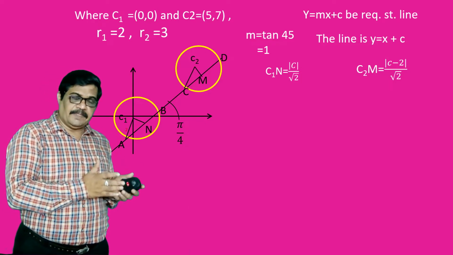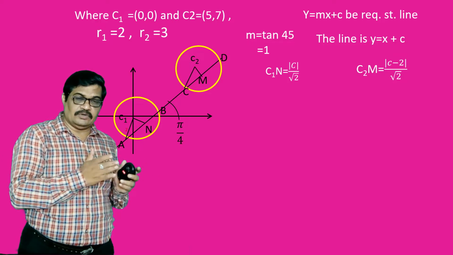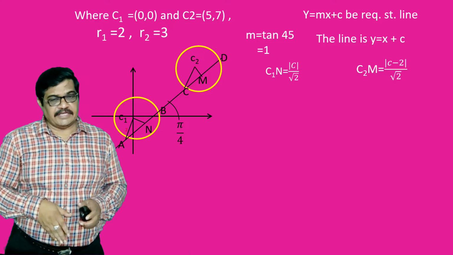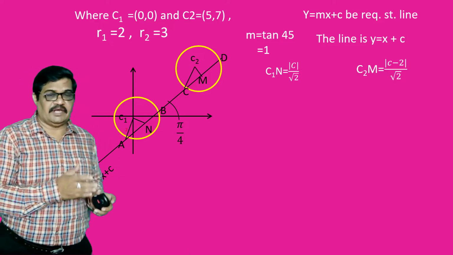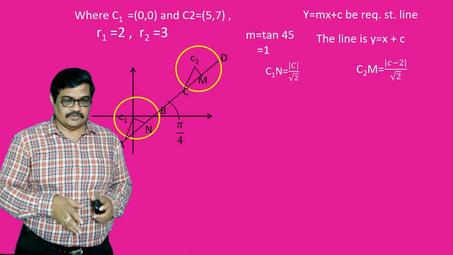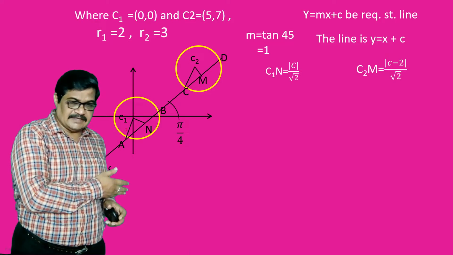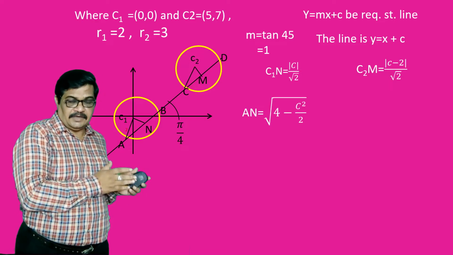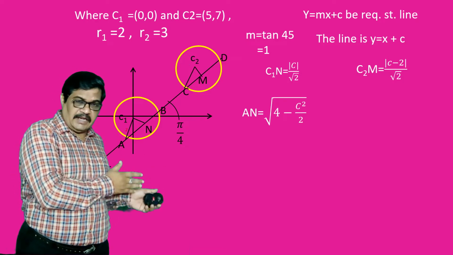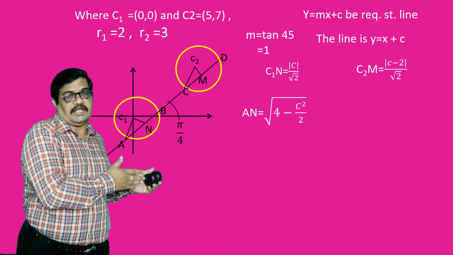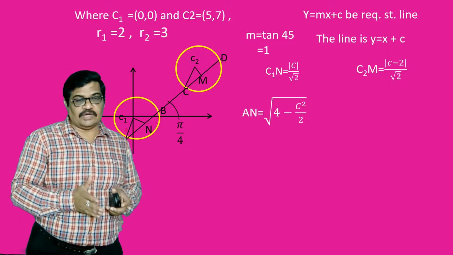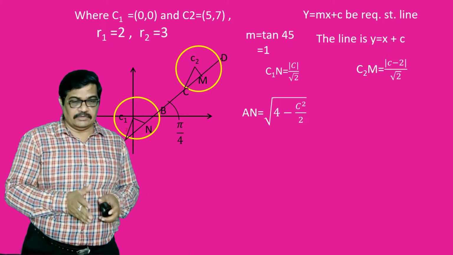So these are the distances from C1 and C2 to the line y = x + c. So we are getting C1N and C2M. From the triangle C1AN, which is a right angle triangle, using the right angle property, we are getting the AN distance as root of (4 − c²/2).